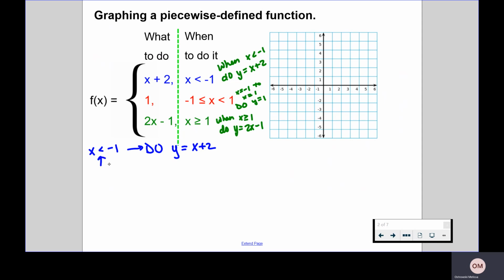Since it's just less than and not equal to, we would use an open circle here on the graph. You'll see what that means in just a second. Then I'm going to plug them in. When x equals -1, let's see what y would be. -1 plus 2. Y is equal to a +1. That means at -1, +1, I would have an open circle. Open circle because not equal to.